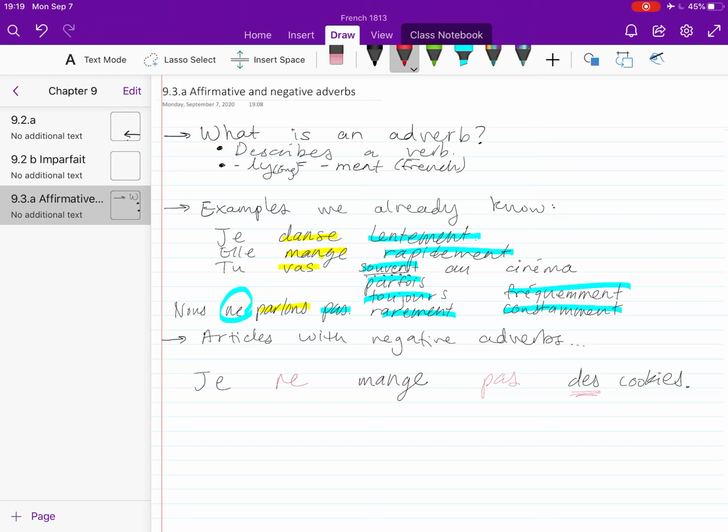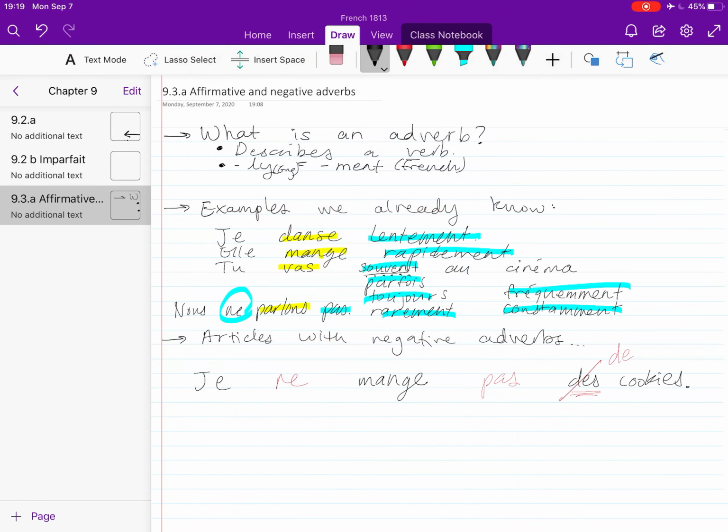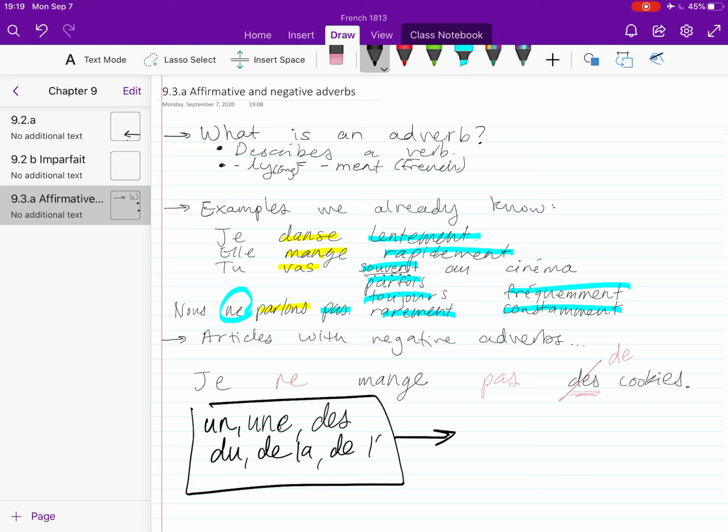This may have been something that you remember. After ne pas, when you have un, une, des, and du, de la, de l'apostrophe, all of these will become de or d apostrophe after you've negated.